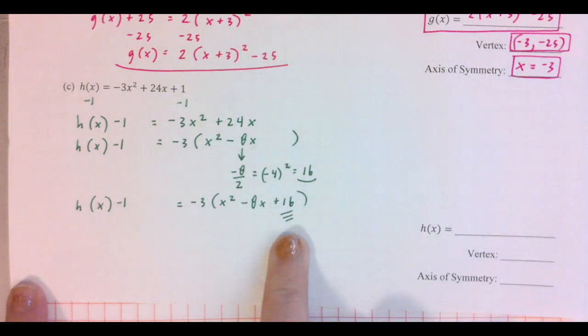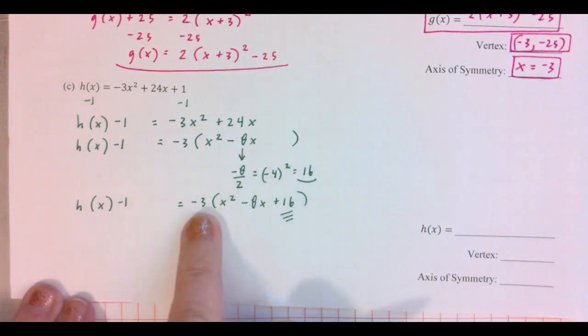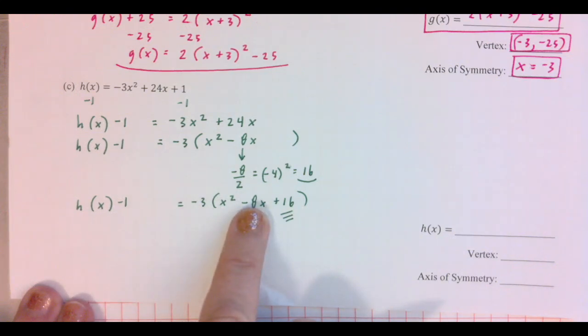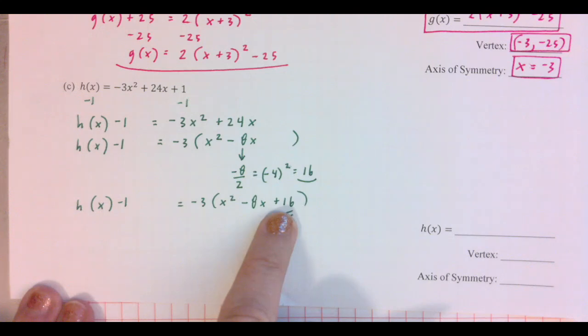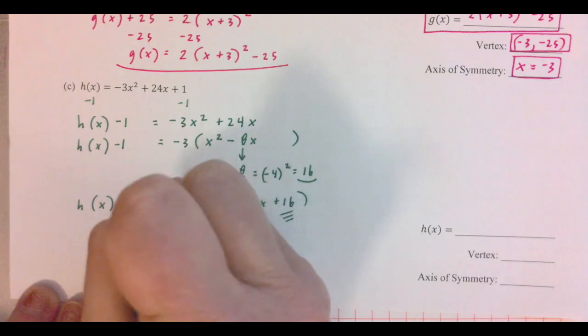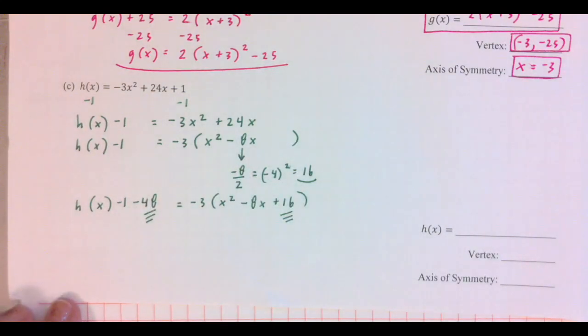Okay, again, it looks like I added 16, but really, if I distribute that -3 back, I'd have -3x squared plus 24x minus 48. So I need to subtract 48 from the other side to balance my equation.